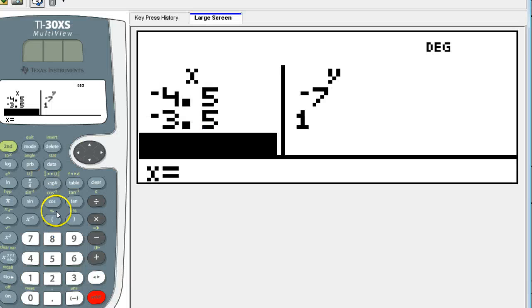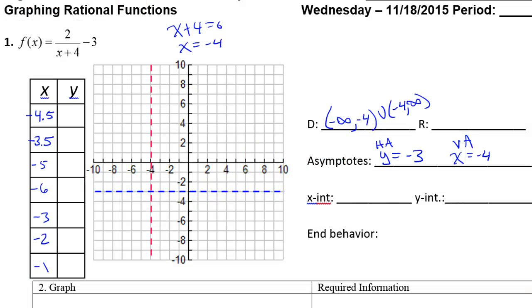Alright, -5. Type that in. Okay, so those first 3 values I wanted were -7, 1, and -5. Okay, now I want -6, -3, and -2.